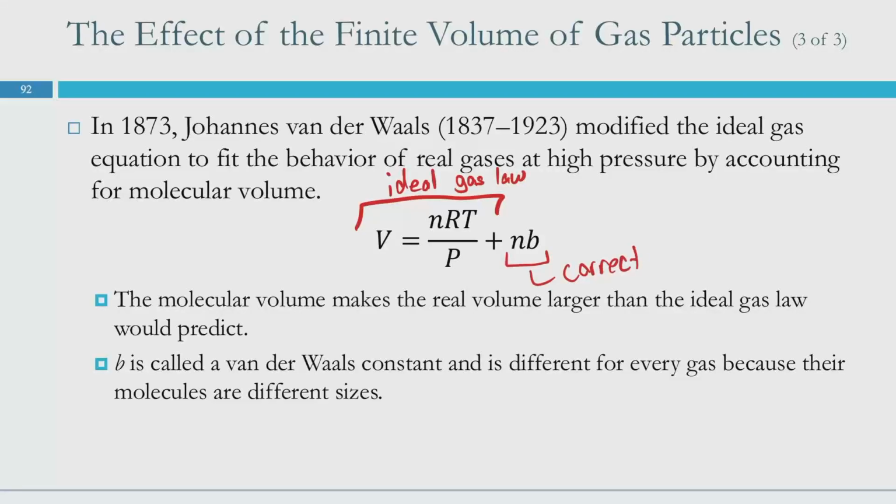This correction factor takes into account the size of the particles. So we're adding a little bit of volume on, and it's related to the number of moles, which is n, and b, which is called the van der Waals constant.